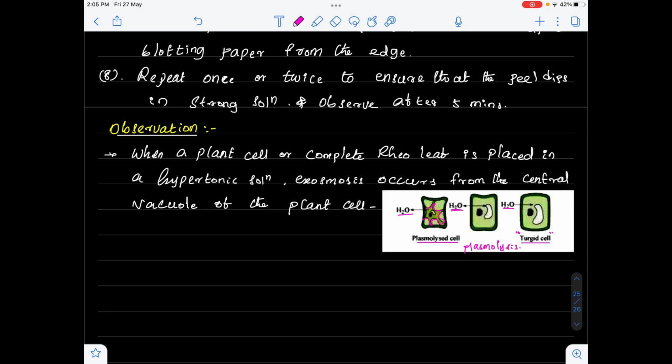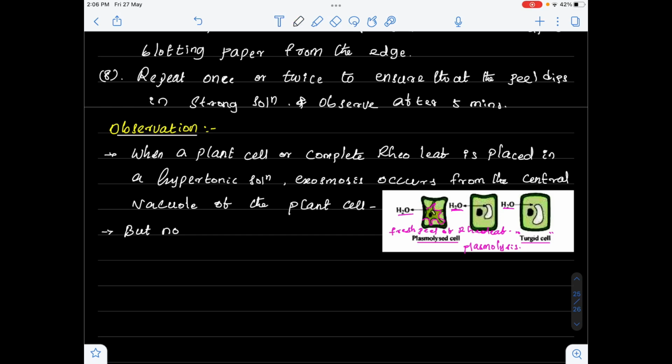And this plasmolysis process can be seen only in the fresh peel of the rheo leaf. Whereas in the case of a boiled leaf, no such plasmolysis occurs, because the cells are already dead, so it does not show any kind of exosmosis or endosmosis.